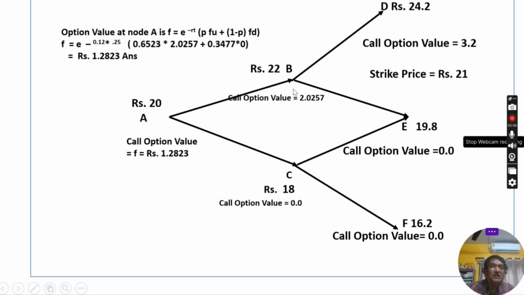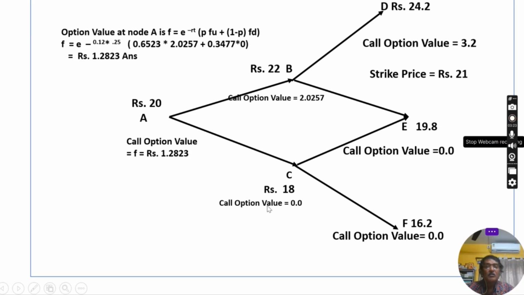After the second step, the price will be this when it increases. This is 22 plus 10%, 2.20. That's why 24.2. The up price is this and the down price will be this. If 10% is deducted, then the price will be this.